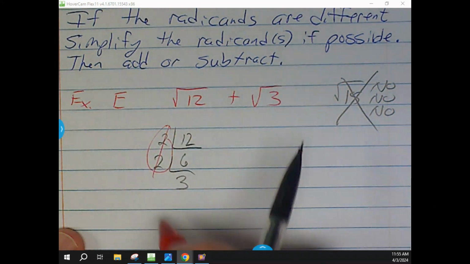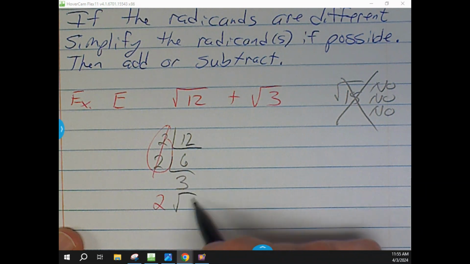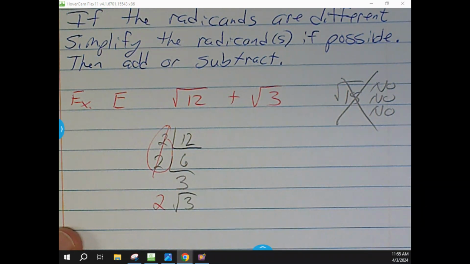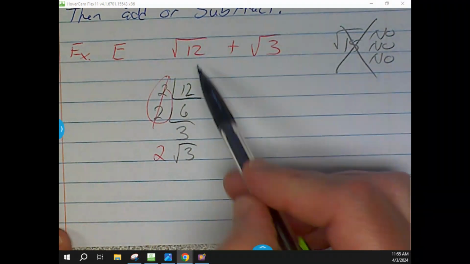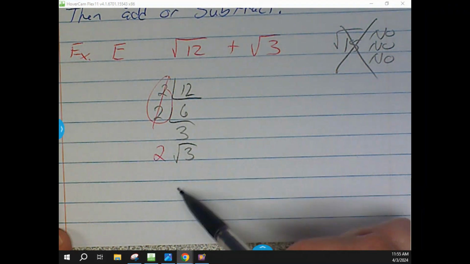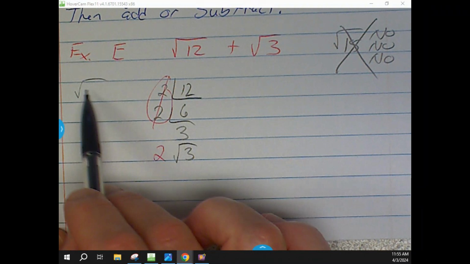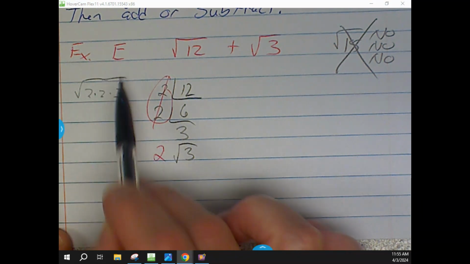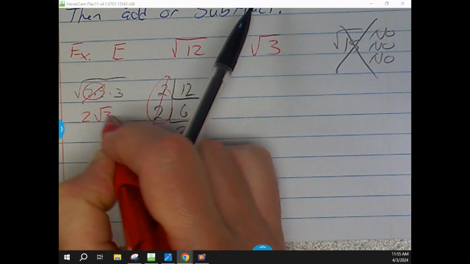So we know that 2 will get out. That 3 doesn't have a buddy, so it will stay on the inside. So we take the 12 and break it down, and we get 2, 2, and 3. Again, exit buddies: the 2 gets out, the 3 stays on the inside.